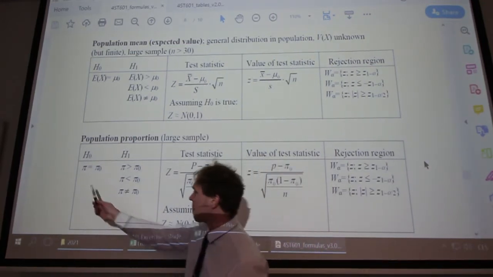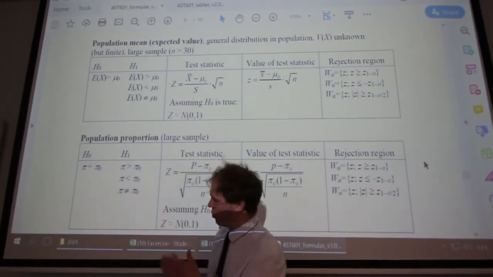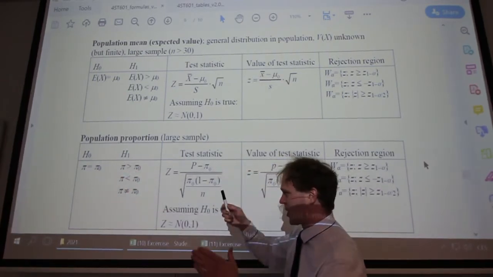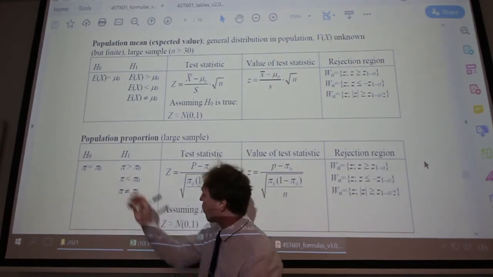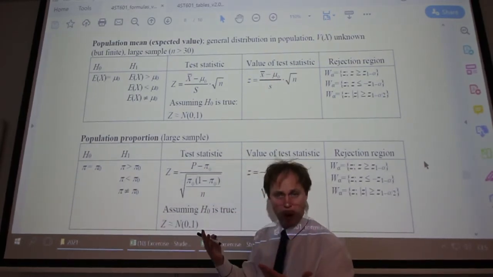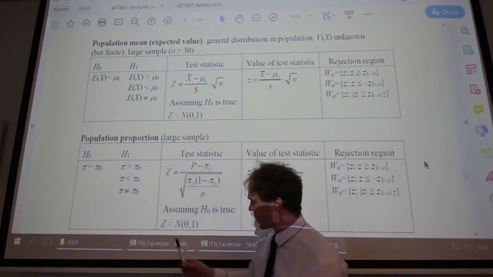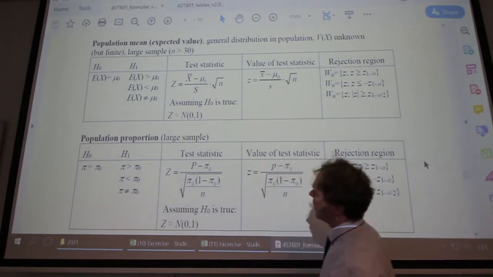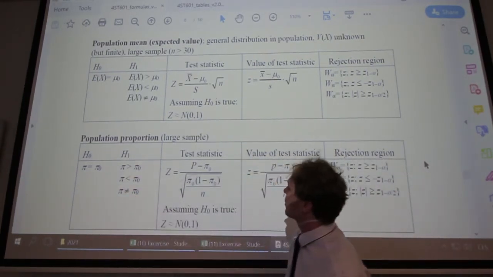You can see the proportion is equal to some value, or the proportion of voters will be higher than some value, the proportion of voters will be smaller than some value, and the proportion of voters is not equal to some set value. So we will select the appropriate alternative hypothesis.